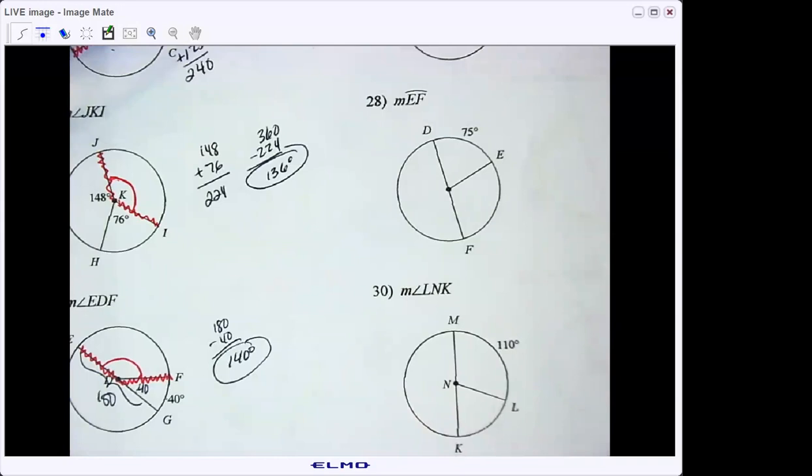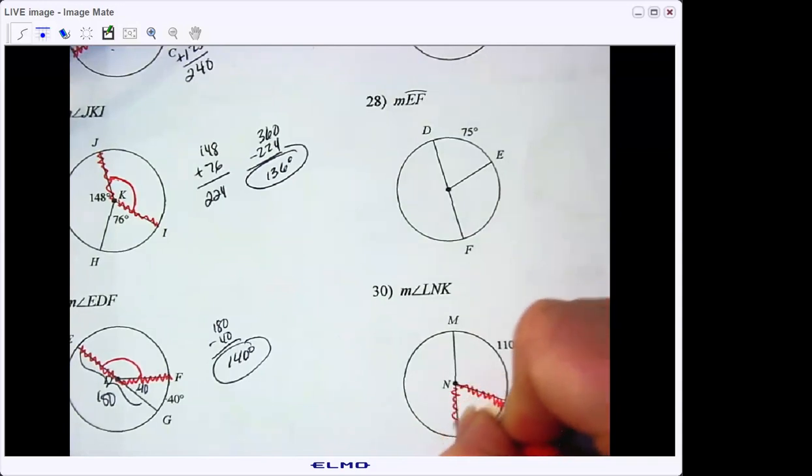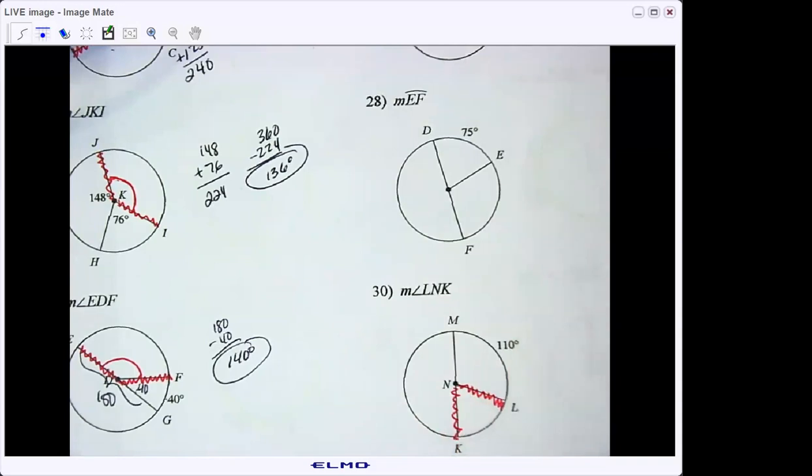Number 30. Okay. Angle LNK, L to N to K. Put your answer in the chat box. Nice. Good. Most of you are really starting to get the hang of this.